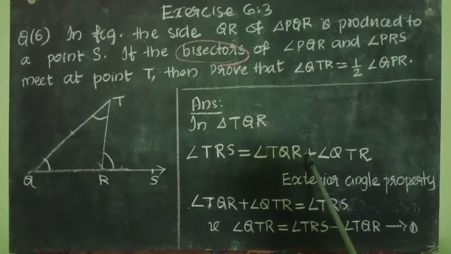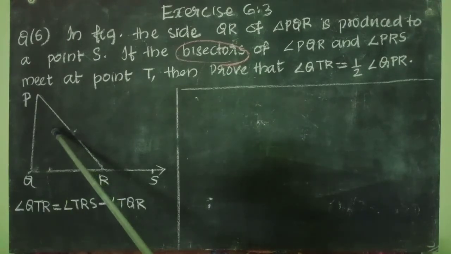Now I am going to take this angle TQR also to the right side, so angle QTR remains here. Angle QTR equals angle TRS minus angle TQR. Keep this as equation number 1.